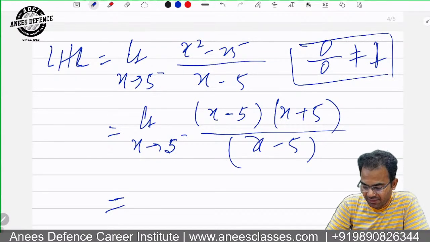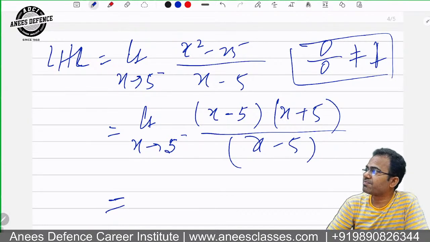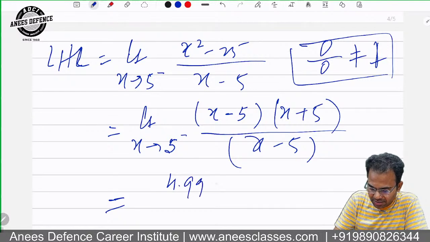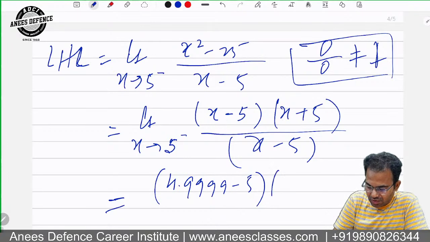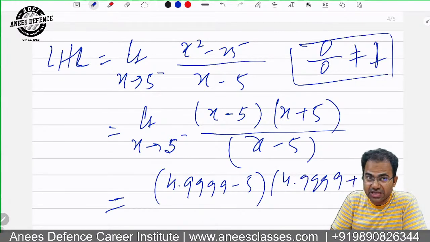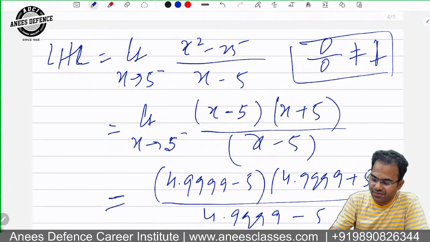Now, for x less than 5, x minus 5 is very small but negative. Suppose I put 5 minus in place of x, I can put 4.99: 4.99 minus 5, and 4.99 plus 5.